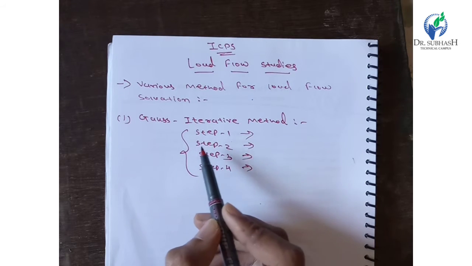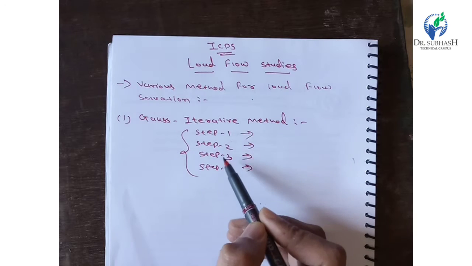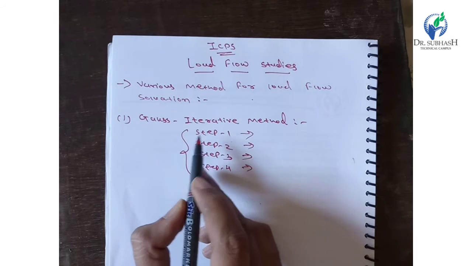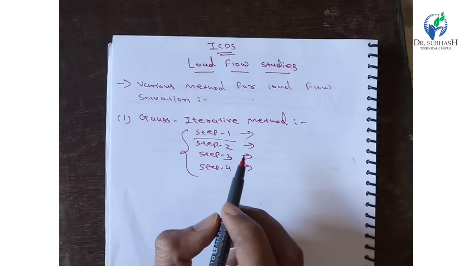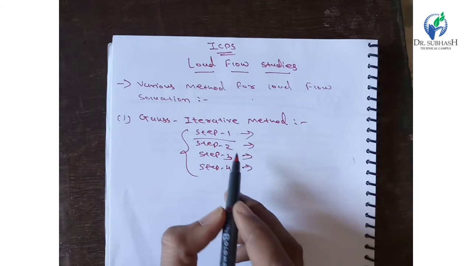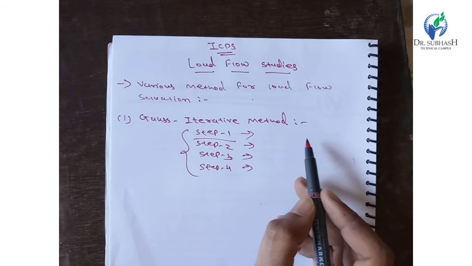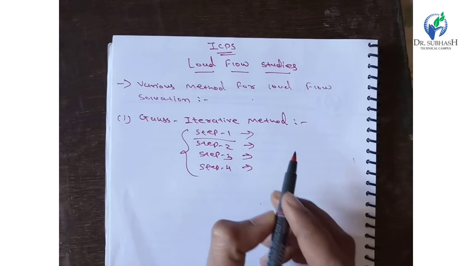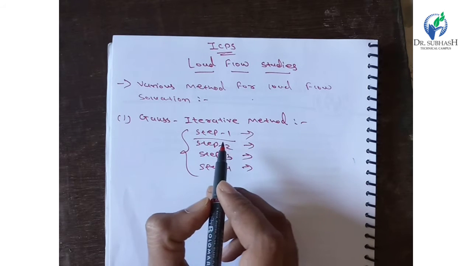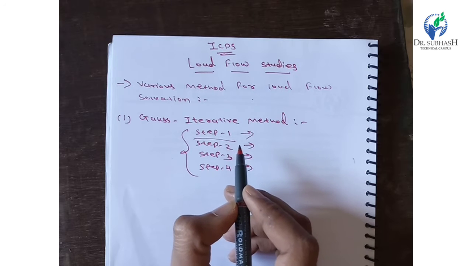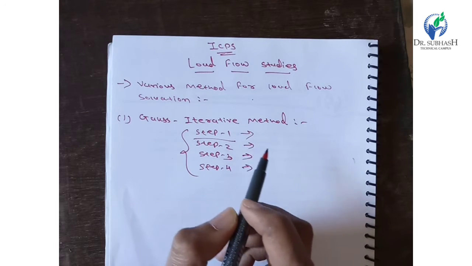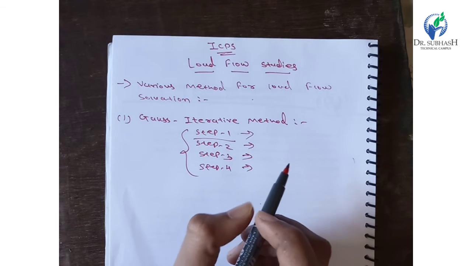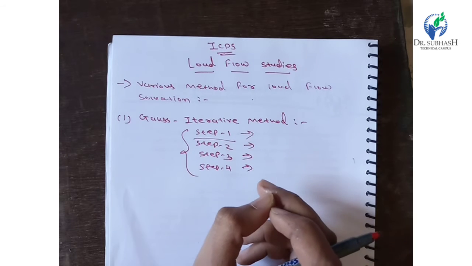Now I repeat all the steps. First of all, in step number 1, an approximate Gauss iterative solution is found. Next, this solution is used in conjunction with the original equation to compute a new and more accurate estimate for the solution.